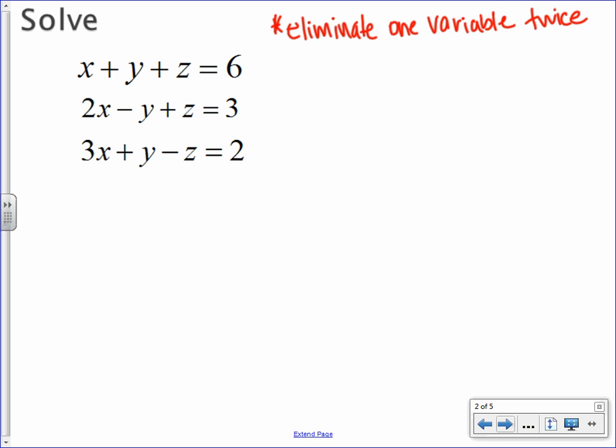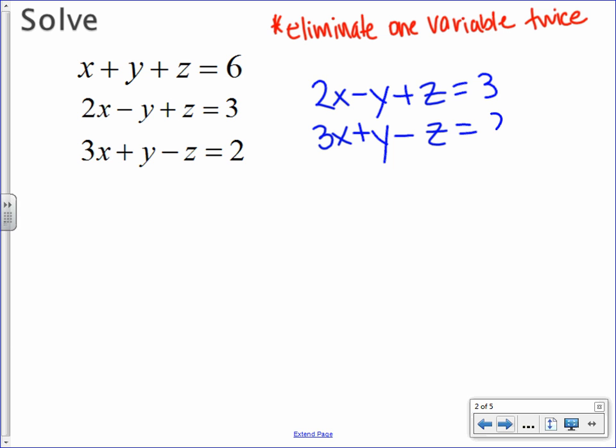So what we can do is take the second and third equation, 2x minus y plus z equals 3, and 3x plus y minus z equals 2. What happens when we add those together? What do we get? Oh man, 5x equals 5? That worked out way too nice for us, didn't it?